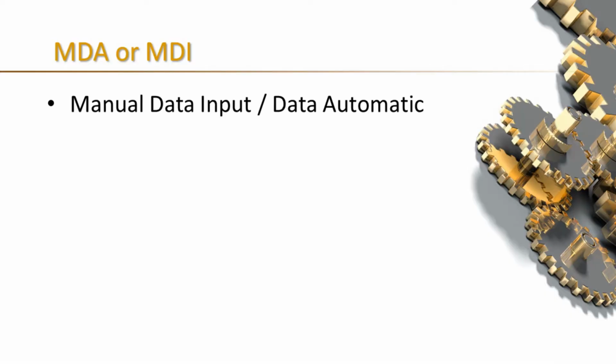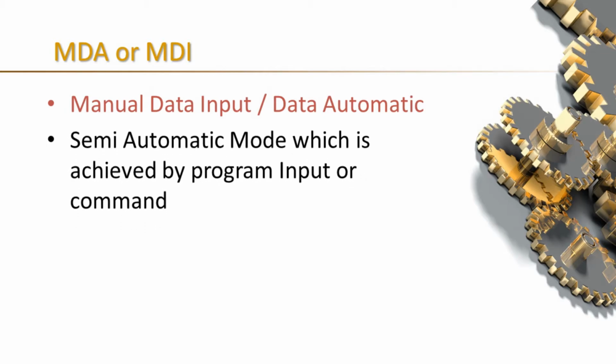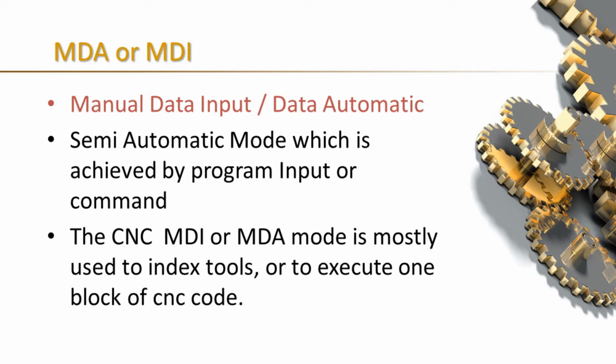Next, we are going to see the MDA or MDI mode. MDA is manual data automatic mode, or manual data input mode. It's a semi-automatic mode which is achieved by program input or command. The MDA mode is mostly used to index the tools or to execute one block of the CNC code.